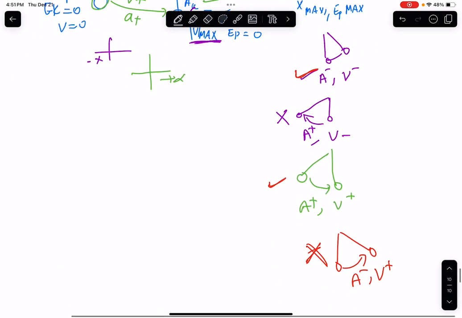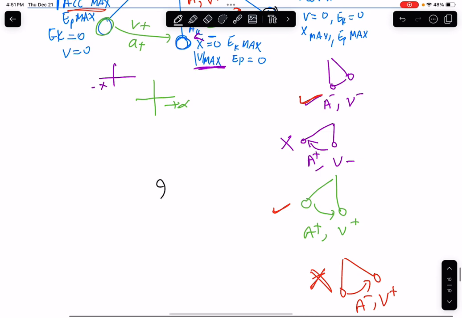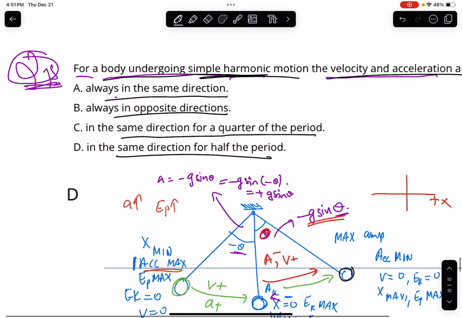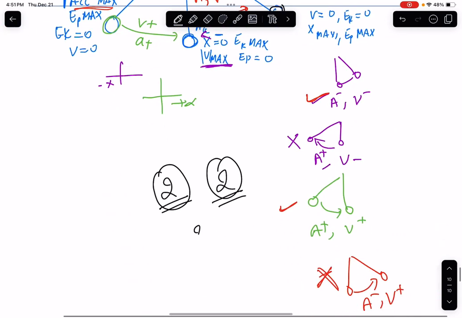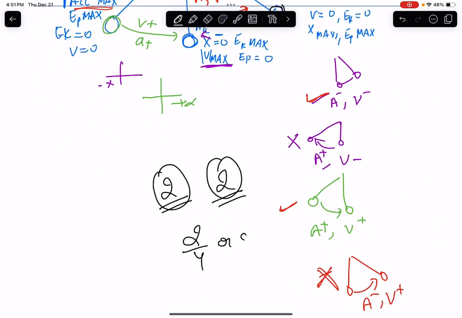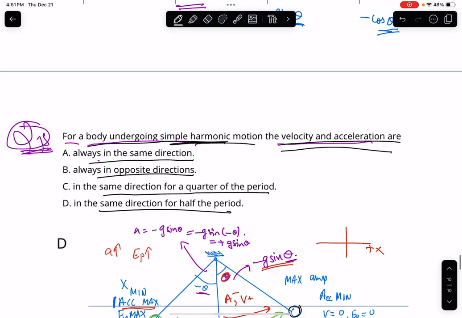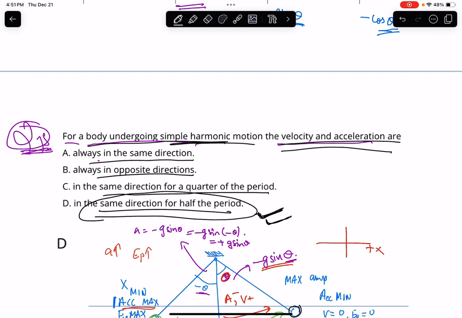So once we have this, we can see that the acceleration and velocity are in the same direction for two regions, and they're not in the same direction for two regions. So that's why, if you take the ratio, this is 2/4 or 50%. So that's why the velocity and the acceleration are in the same direction for half the period. Okay? So that is what you would see over here.